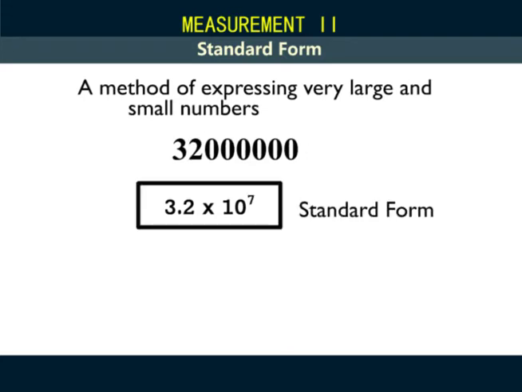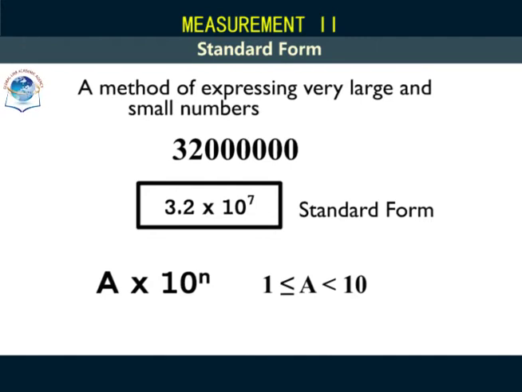This is called standard form. The general format for writing numbers in standard form is a times 10 raised to power n, where a is greater or equal to 1 but less than 10. In other words, a can be any number from 1 to 10, but 10 is excluded. N is an integer and is equal to the number of steps the decimal moved.